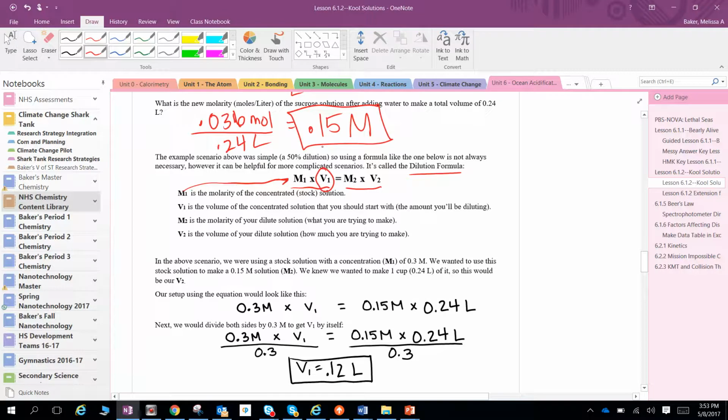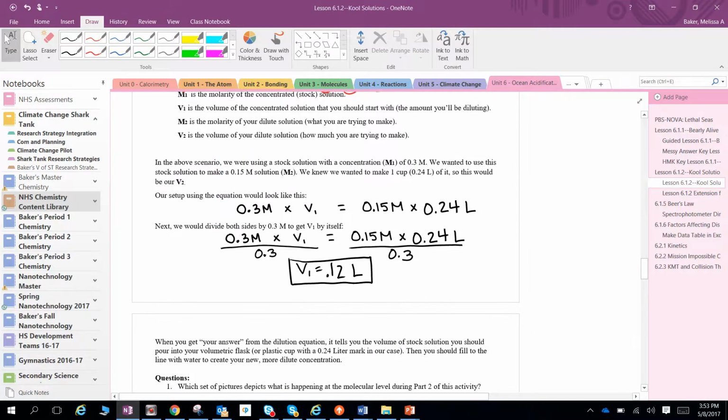So you're figuring out how much of that concentrated stuff you should add to an empty volumetric flask before you fill to the line with water. M2 is what you want, the molarity of your new solution. And V2 is how much of your new solution you want.